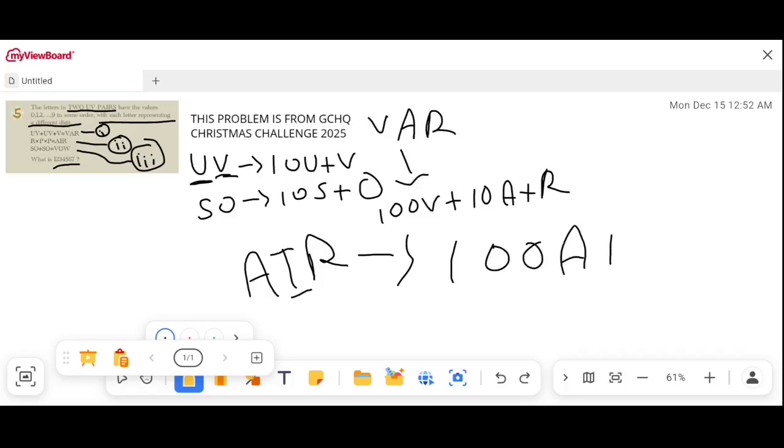I don't know how we can write O as different from 0, but I'm trying. So 100A plus 10I plus R.